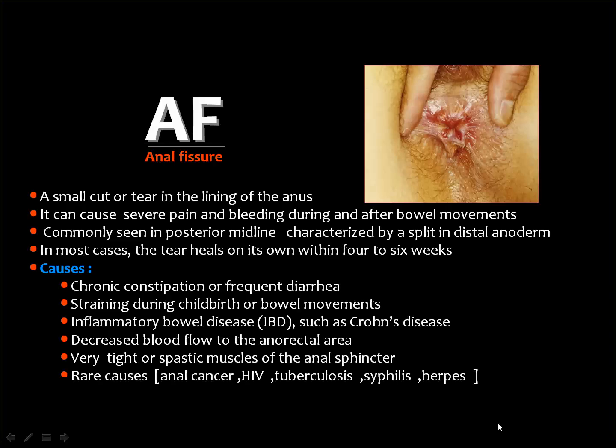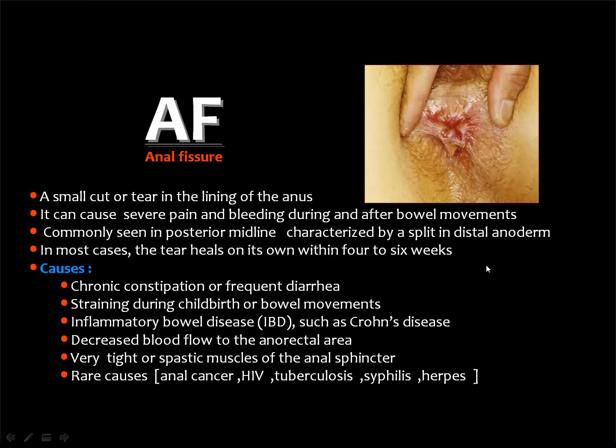Now, starting with diseases of the anal canal, the anal fissure, as you all know, is just a tear in the mucosal lining of the anal canal, and this fissure may cause severe pain and bleeding either during or after bowel movements.